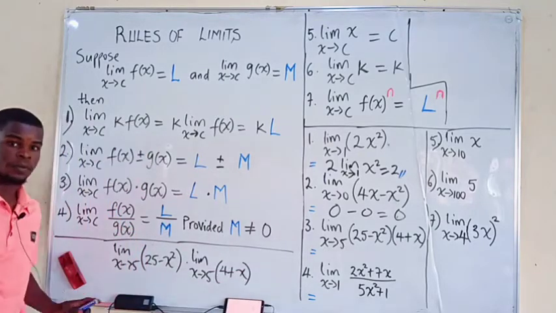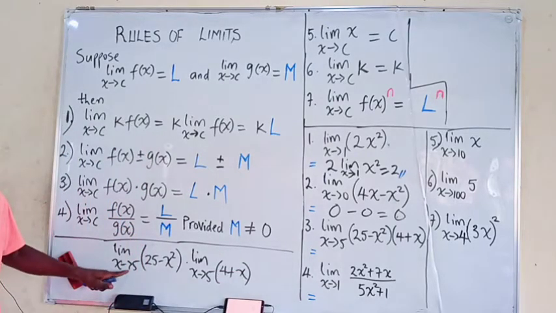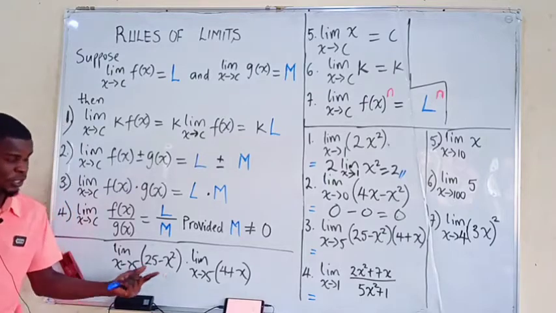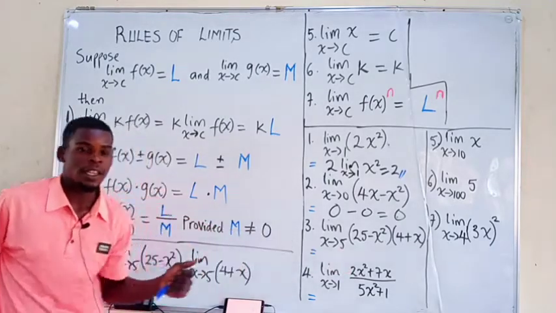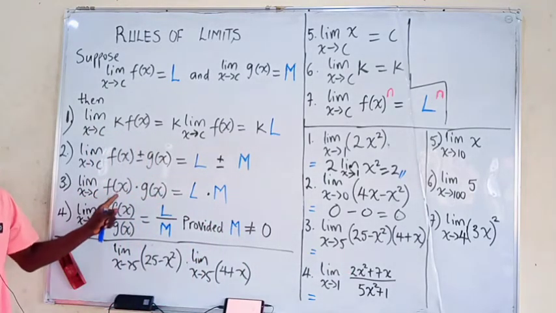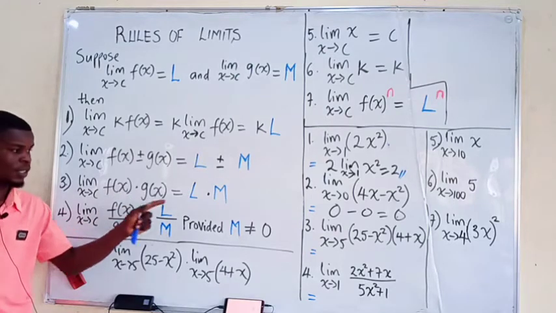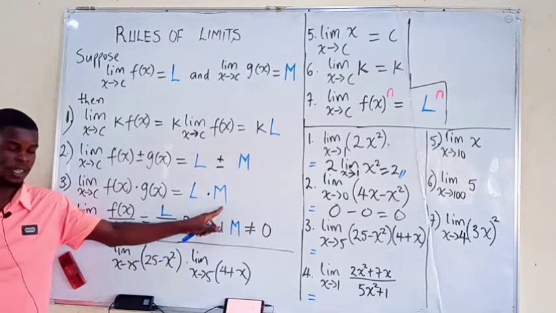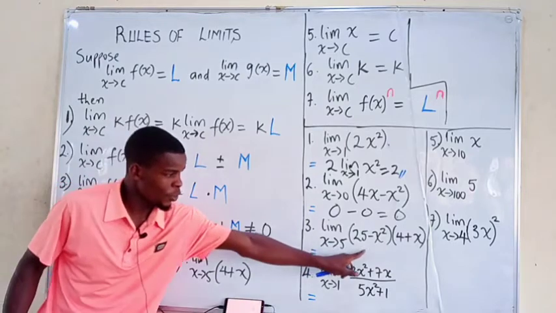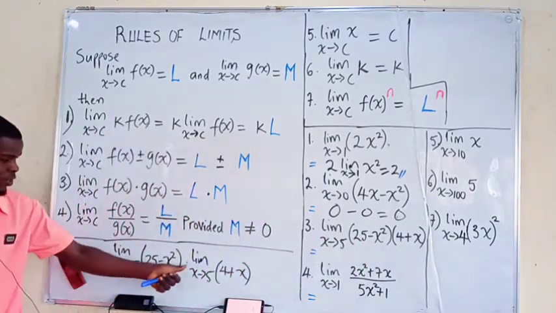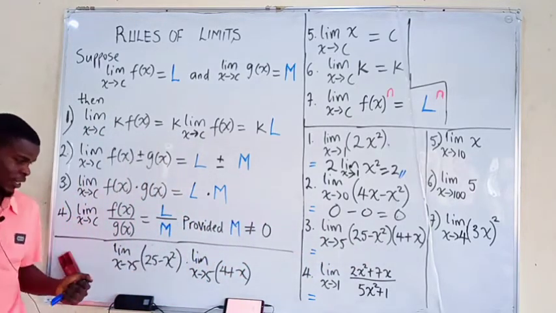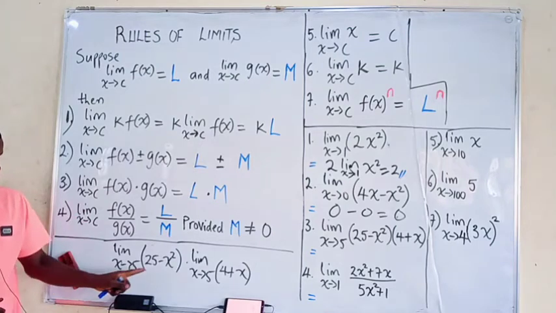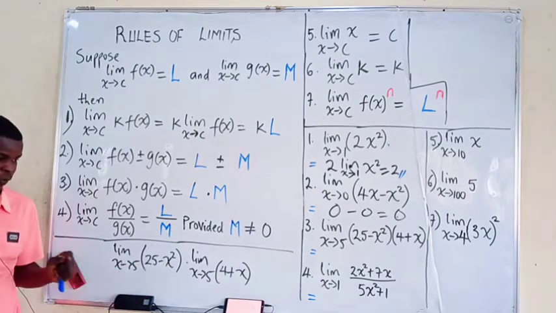All right, good. So the limit as x tends to 5 of the first part of the function, as I said here, now using the rule that the limit of the product of these two functions is the product of the limits, right? So the limit of the product will be the product of the limits. That is just it. And then we take the limit of 25 minus x squared as x tends to 5.